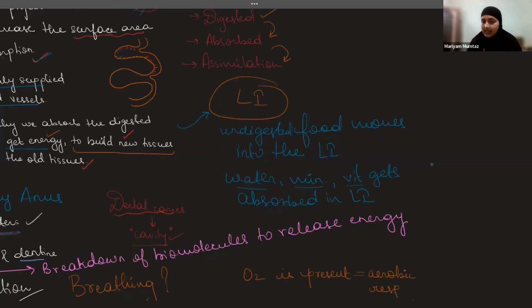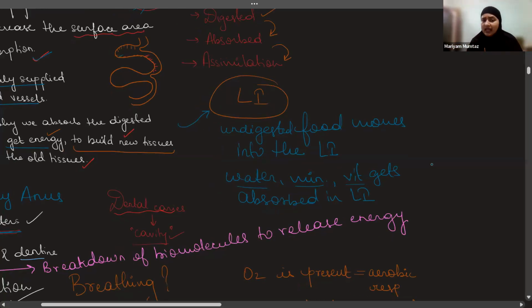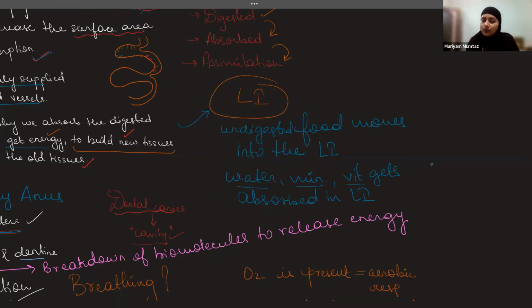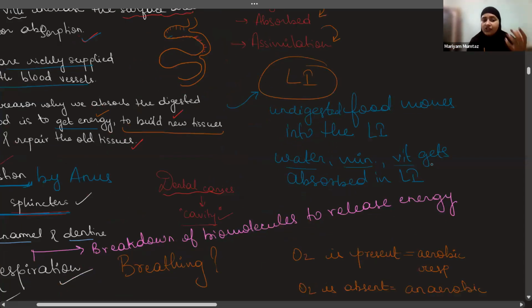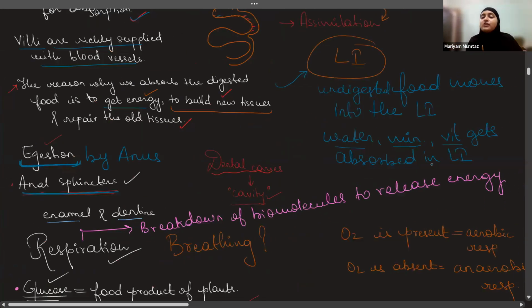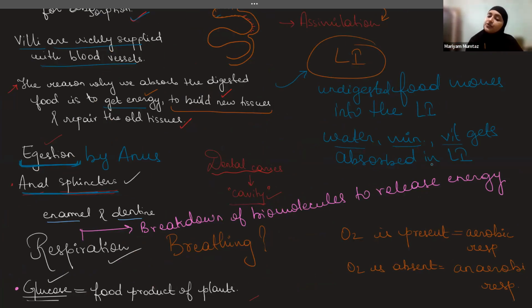And lastly, what is left after all the absorption is the waste matter, the undigested food, which we defecate through the anus. That process is egestion, and this exit of the food through the anus is also regulated by an anal sphincter.